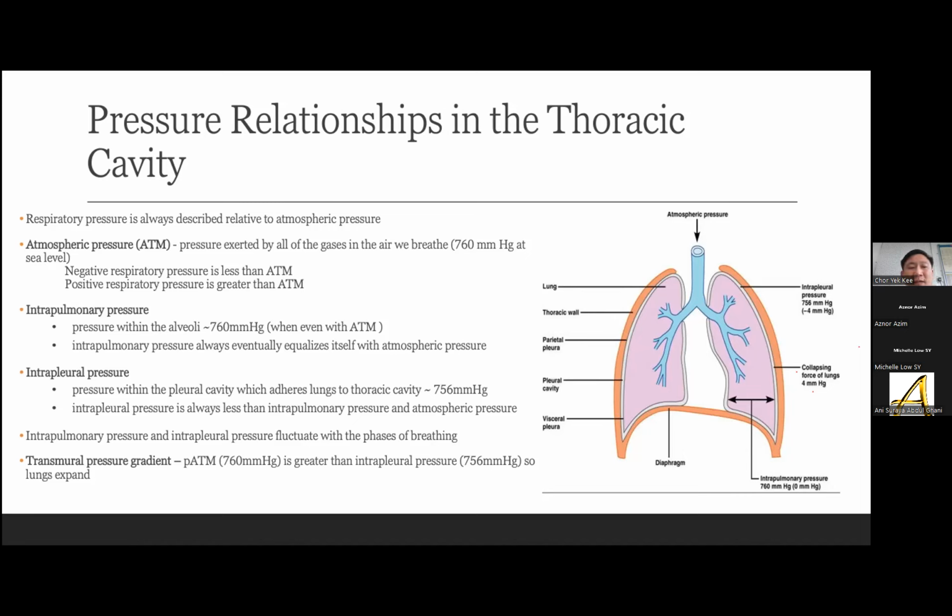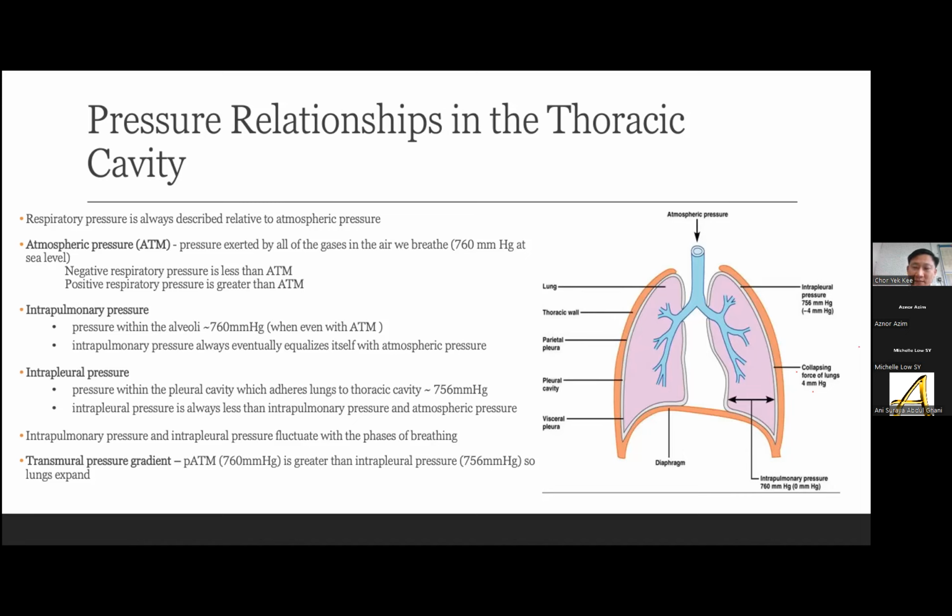So how about when you inhale? Let's say we are inhaling 21% now. When you inhale, how much is the oxygen partial pressure when you reach the alveoli? Now your atmosphere has 760 millimeters of mercury pressure.